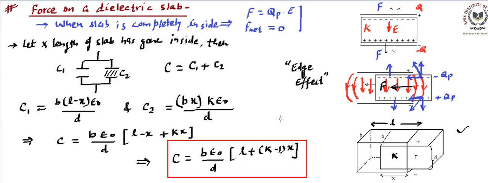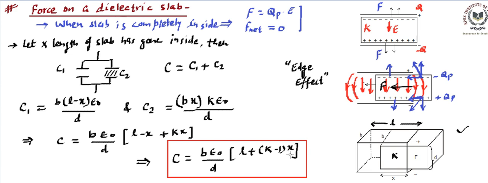Now still we are not able to find what the force is. We will find it shortly, but we are in the process. And in the process we have covered one important point: if it is partially filled, what the capacitance is going to be, and how we are going to write that capacitance. That means we have got this capacitance as a function of X. Now here if we place the value of X to be 0, we will find the original capacitance, that means capacitance without dielectric.